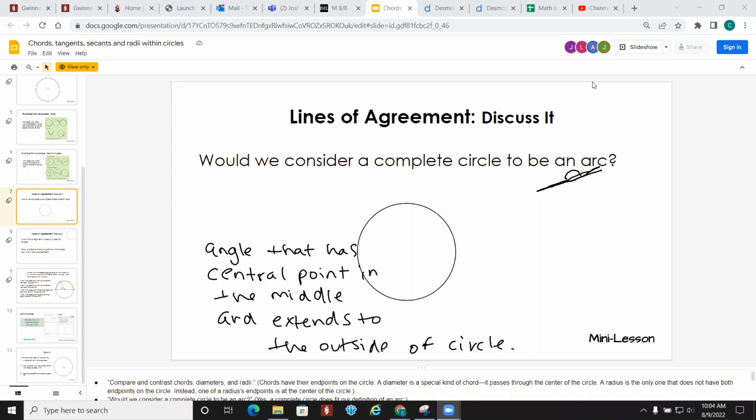So would we consider a complete circle to be an arc? Y'all are saying no, because it wouldn't stop. There aren't any stopping points. It just continues going around. Also they're equidistant from the middle of the circle, though that's not super important.